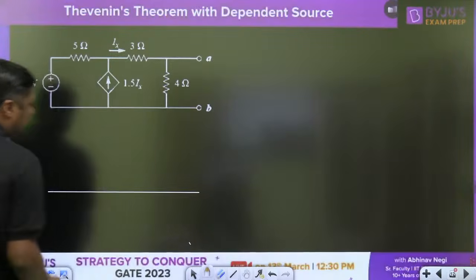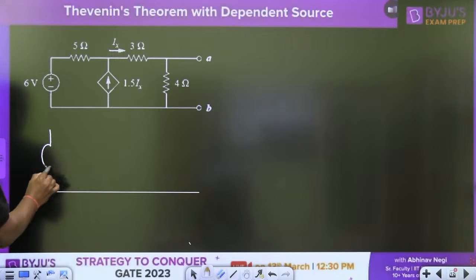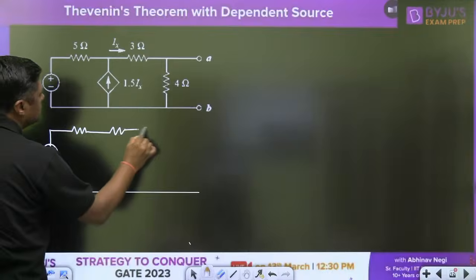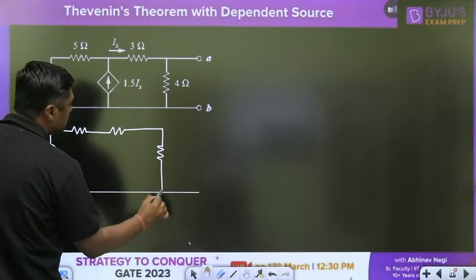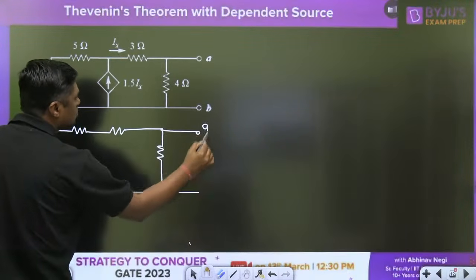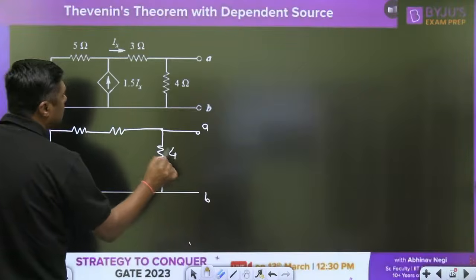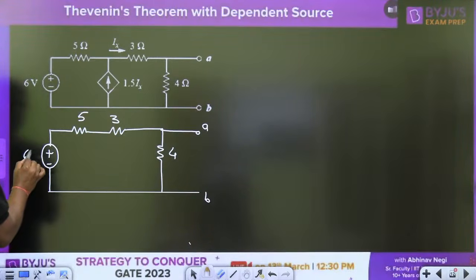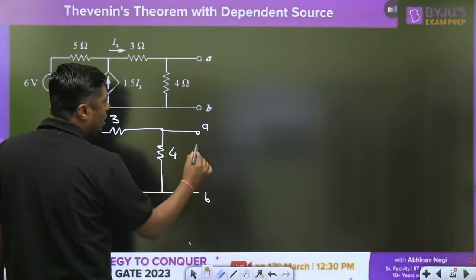If we have this type of question, with 5 ohm, 3 ohm, 4 ohm, and there is no dependent source, 5 ohm, 3 ohm, 6 volt, then this question will become very, very easy. This is called A and B.